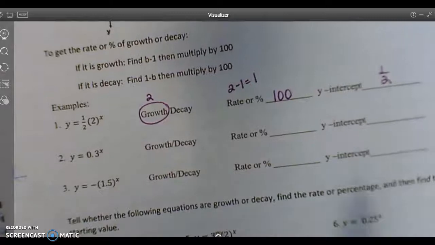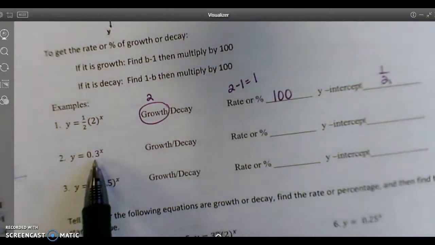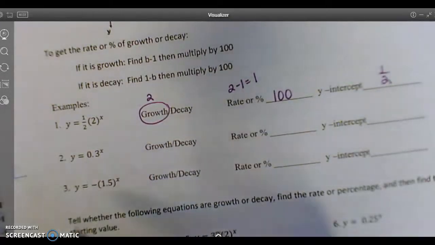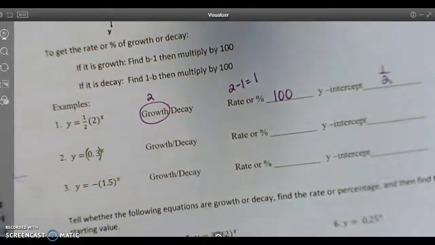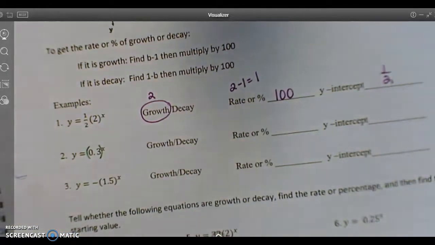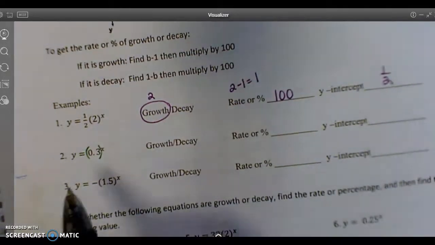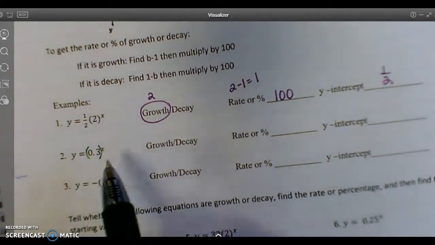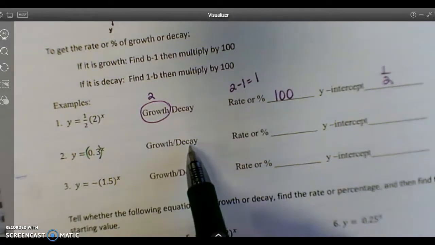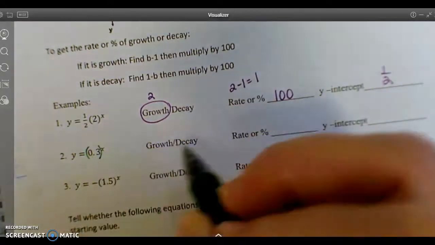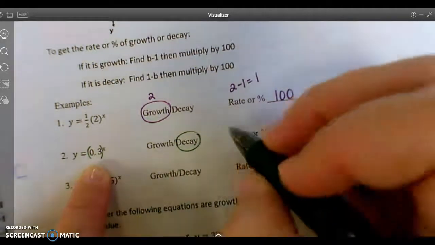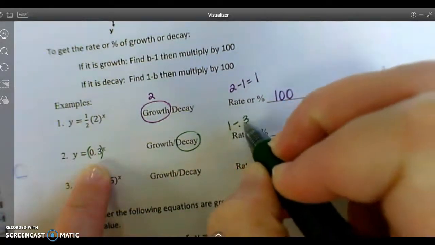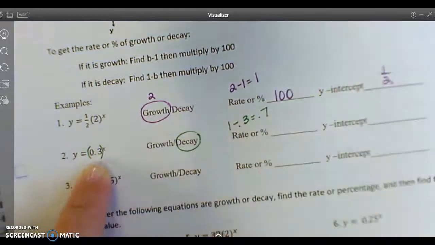All right, number 2. Growth or decay. So there's not a parentheses, but there's basically a parentheses like that. There's not a number at the beginning, but that's okay. So the 0.3 is what I'm looking at. Is it growth or decay? Decay, because that number is less than 1. So I'm going to take 1 minus 0.3. You get 0.7.